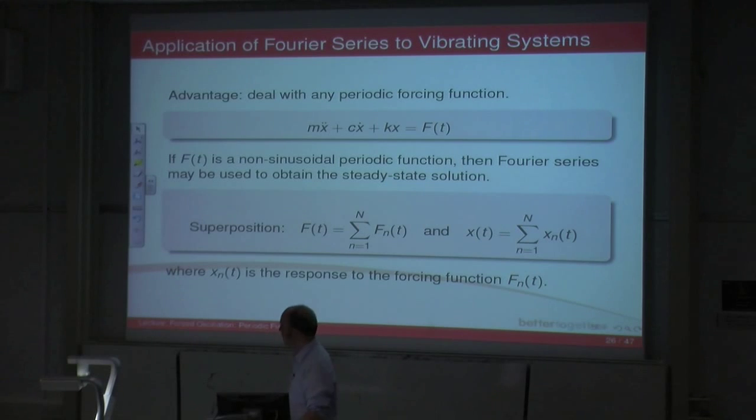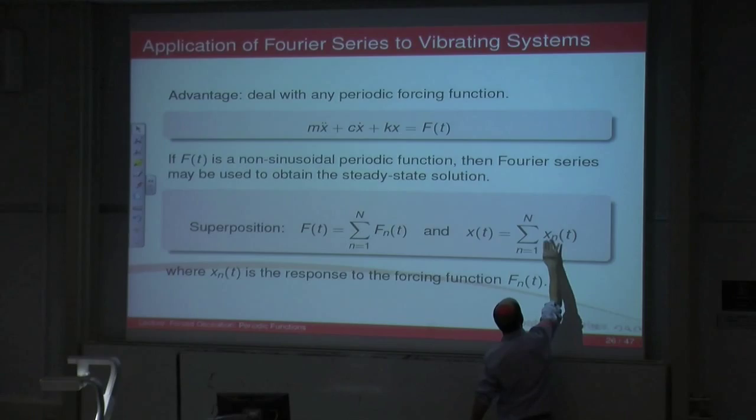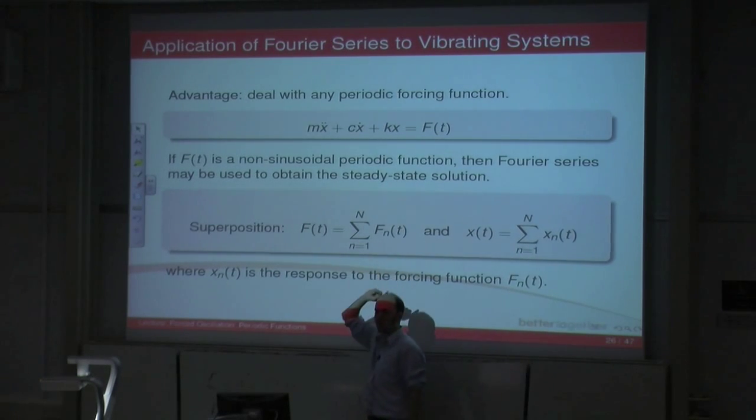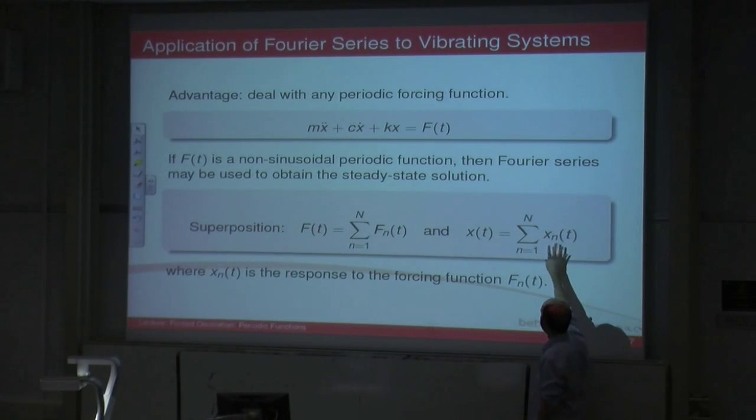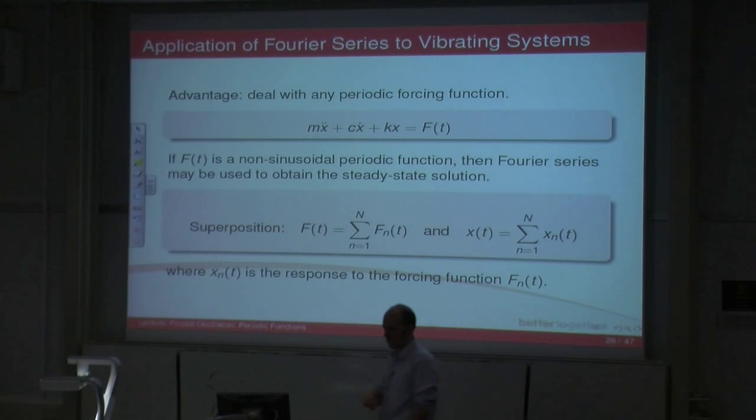So x_n is a function of time, okay, the displacement resulting from f_n, that force that's being applied. And if you've got big N number of forces, you're going to have big N number of solutions, and you basically add them up to get x of t. Okay? That's the superposition principle, and that's what is being applied here.